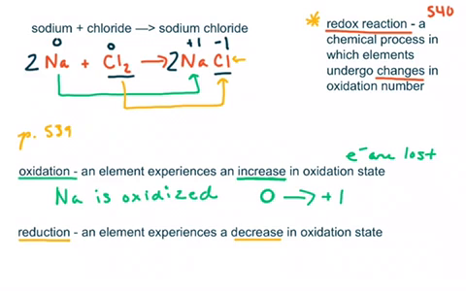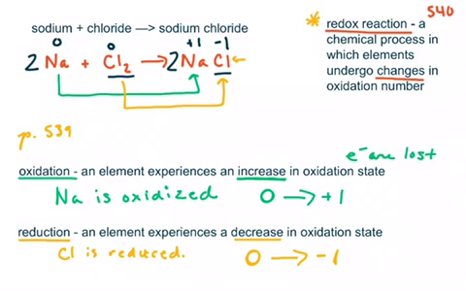So the way we would phrase that in terms of our equation, we would say chlorine is reduced, because what we notice about its oxidation state is that it goes from 0 to -1.